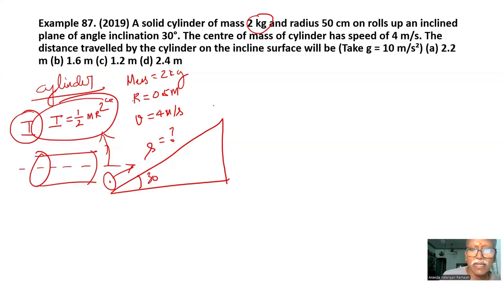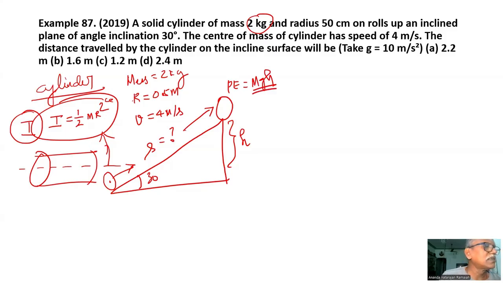Let us assume that it traveled a distance of S. That's why its potential energy becomes mgh, where this is H. How did you get this mgh?